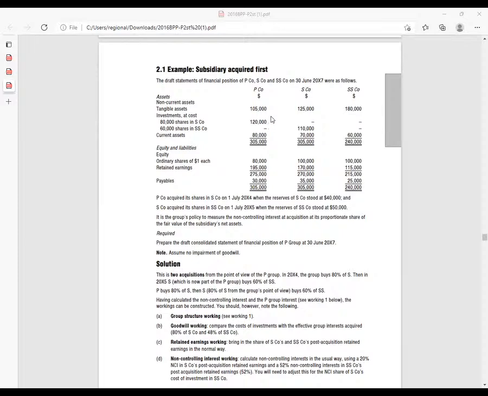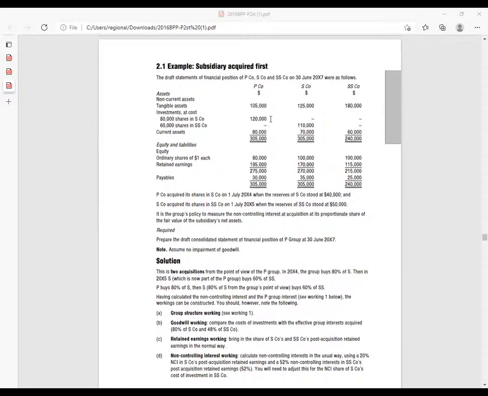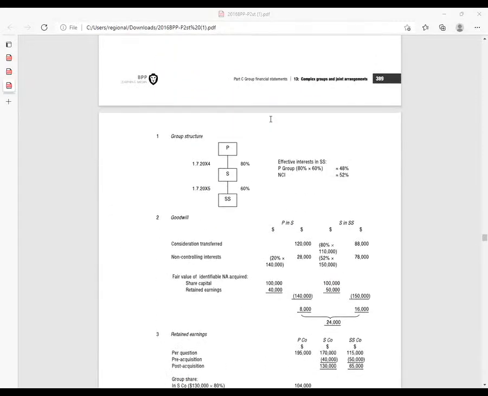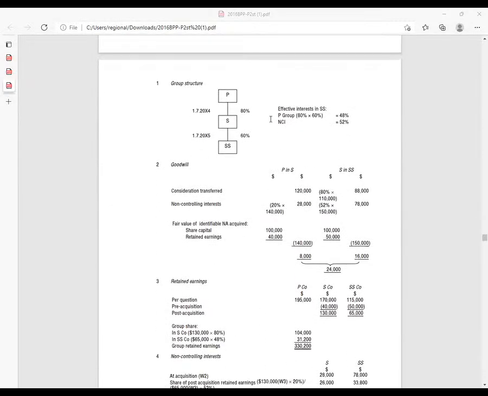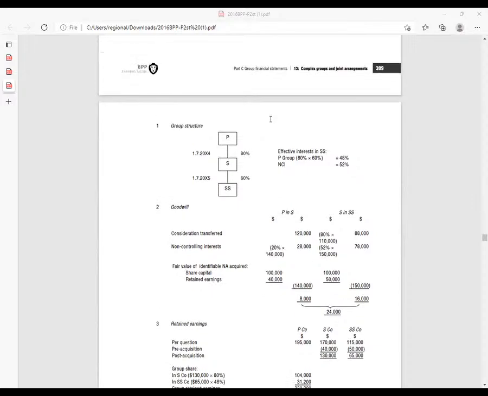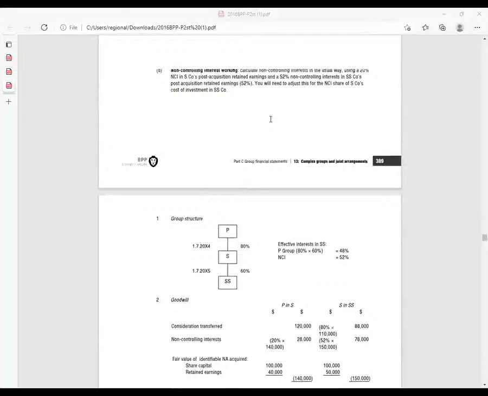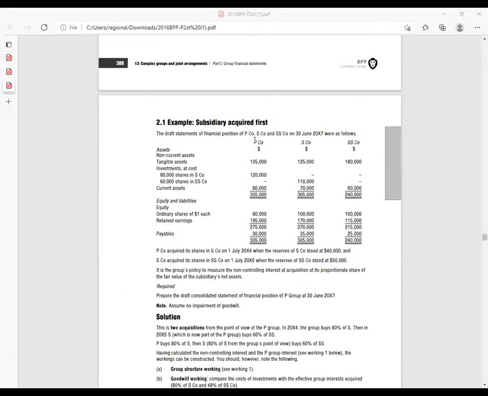No worries. So is there anybody who is able to get those net assets? Net assets of SS company. 215 at reporting. Thank you very much.